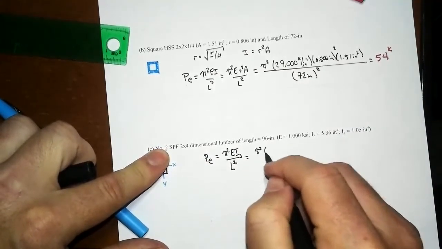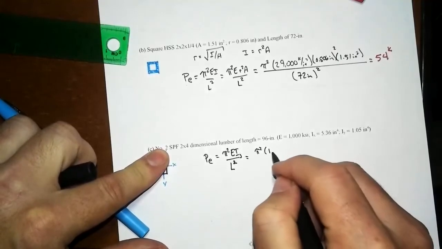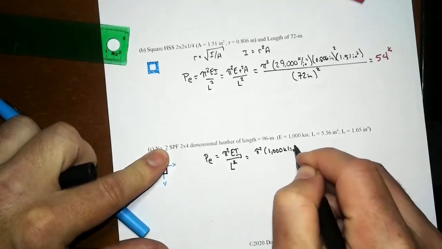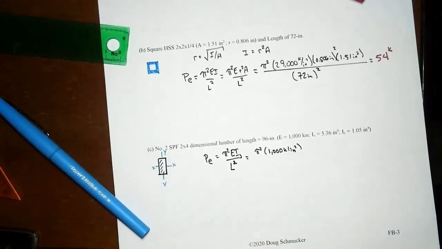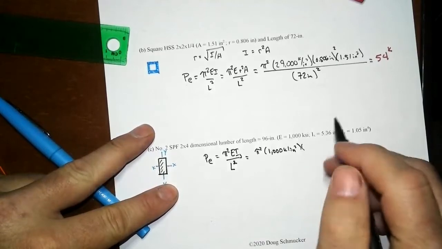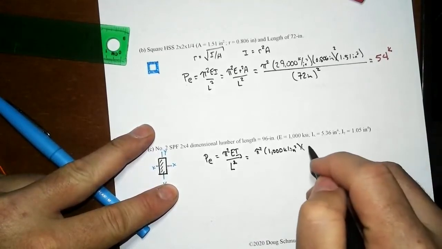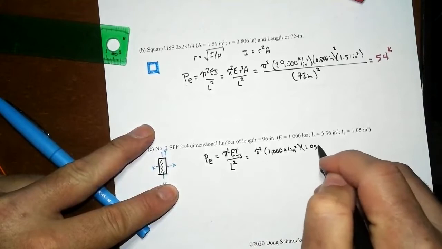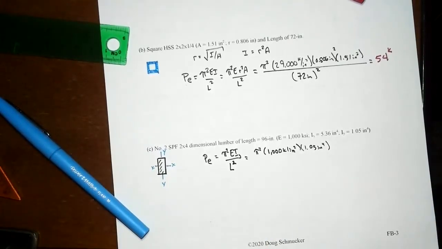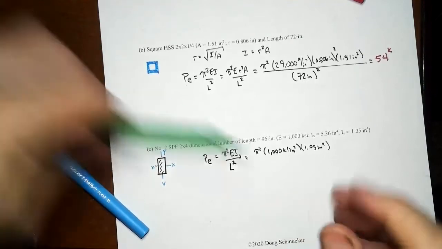So pi squared times a much smaller modulus of elasticity than we had before. We were dealing with steel before, and wood is about 1/30th of the stiffness, 1/10 to 1/30th, times our IY value, 1.05 inches to the fourth, right? If you put in the IX, you'll just get a much larger number, about 5 times as large a number.